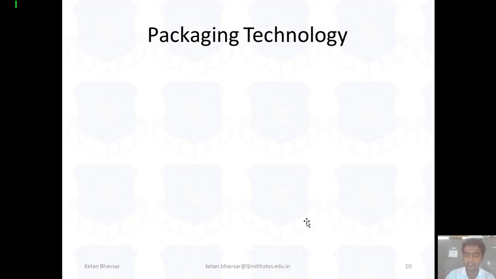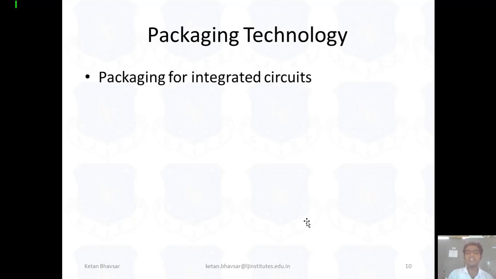It's packaging technology. Packaging technology means whatever chip you have and use, they are all based on that packaging technology. Basically we are familiar with the DIP technology, but a number of technologies are available in the market, and we even use them, like the Arduino Mega board and Raspberry Pi board.